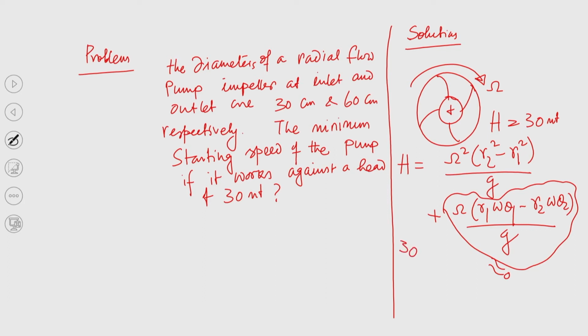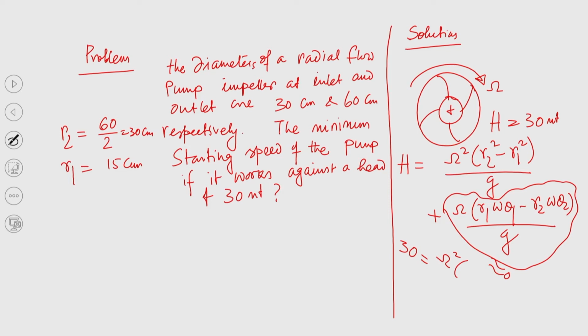H equal to the given 30 meter equal to omega square into r2 square minus r1 square, diameters are given. So, what about r2? R2 is equal to 60 by 2, 30 centimeter, R1 equal to 30 by 2, 15 centimeter.